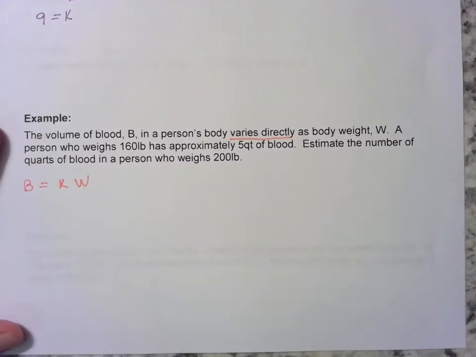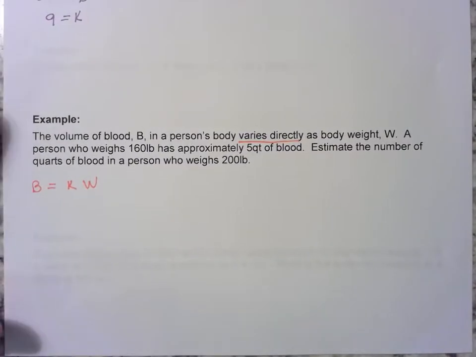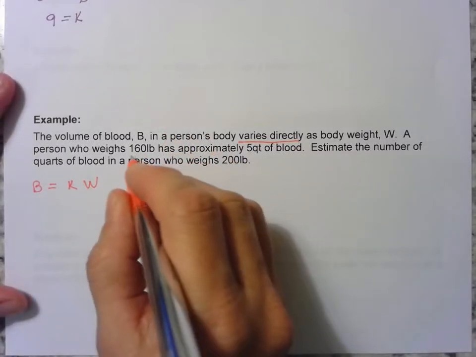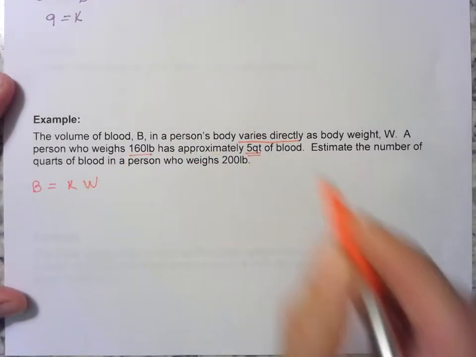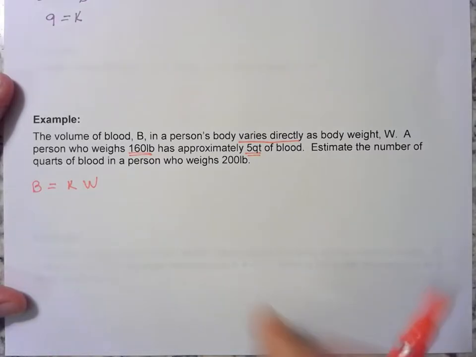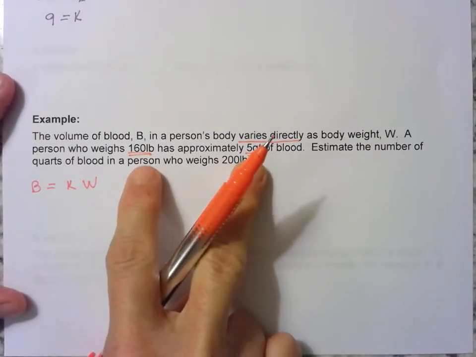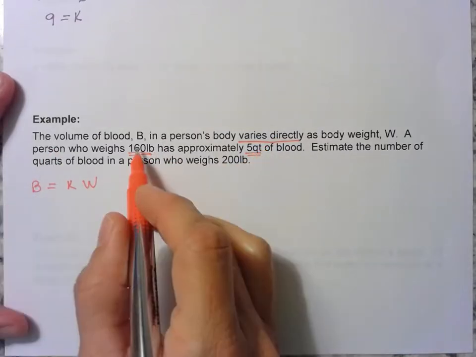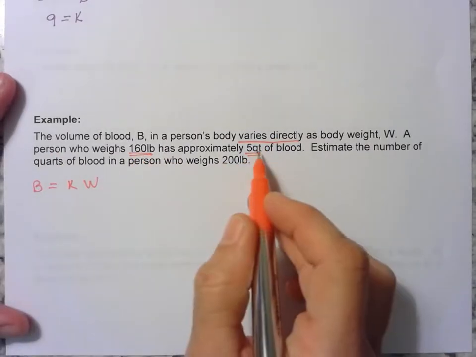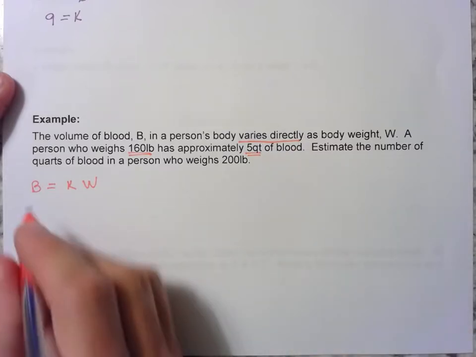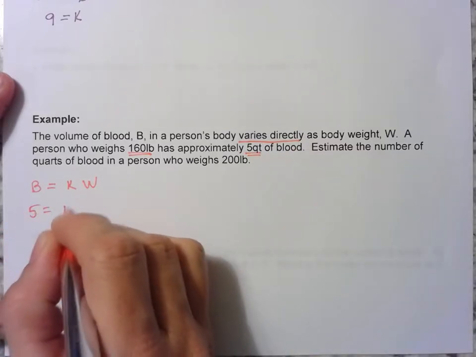We also know that a person who weighs 160 pounds has about 5 quarts of blood. So these two numbers go together, right? So let's use these two numbers to find K. So 160 pounds is W and 5 quarts is the amount of blood. So we have 5 is equal to K times 160.